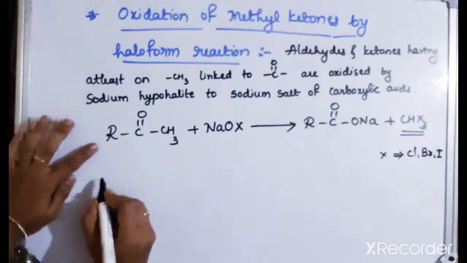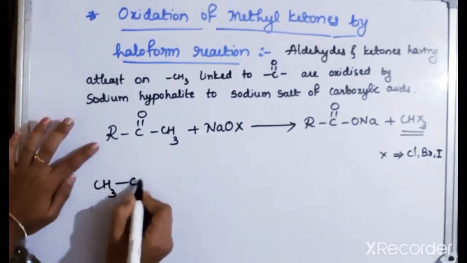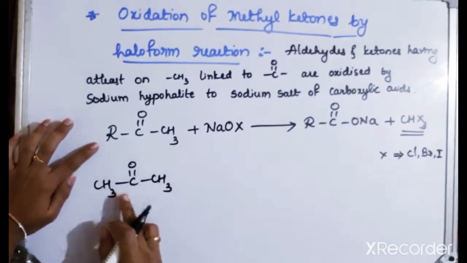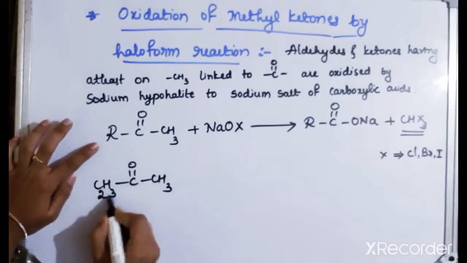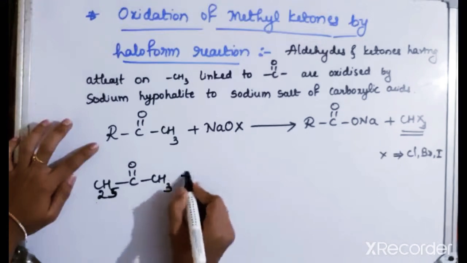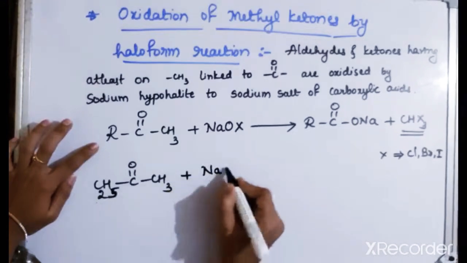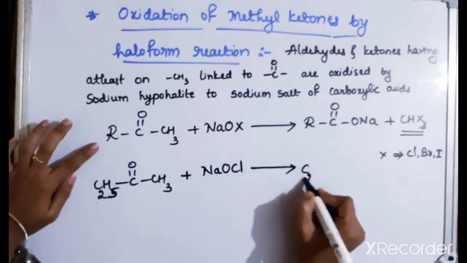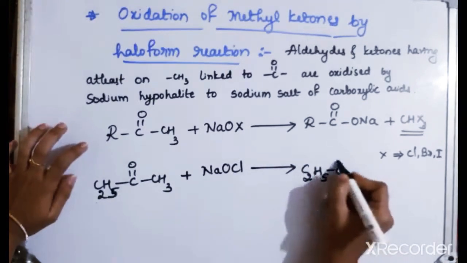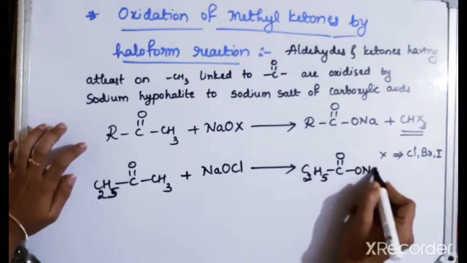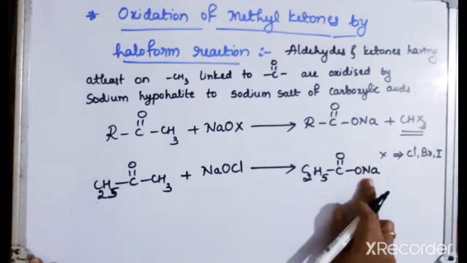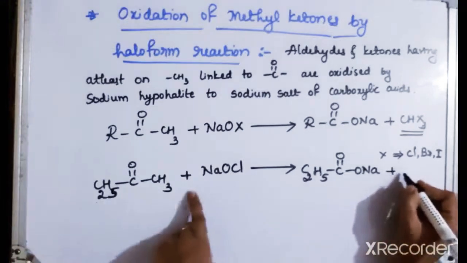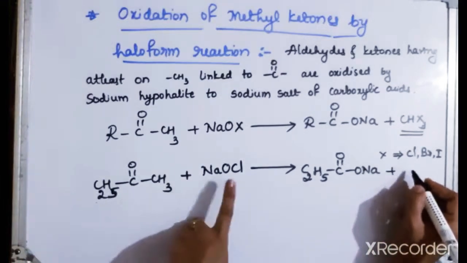Okay, for example, if I take here C2H5COCH3, this on reaction with sodium hypochlorite, there is a formation of C2H5COONa, that is sodium propanoate, which further, there is a formation of haloform.